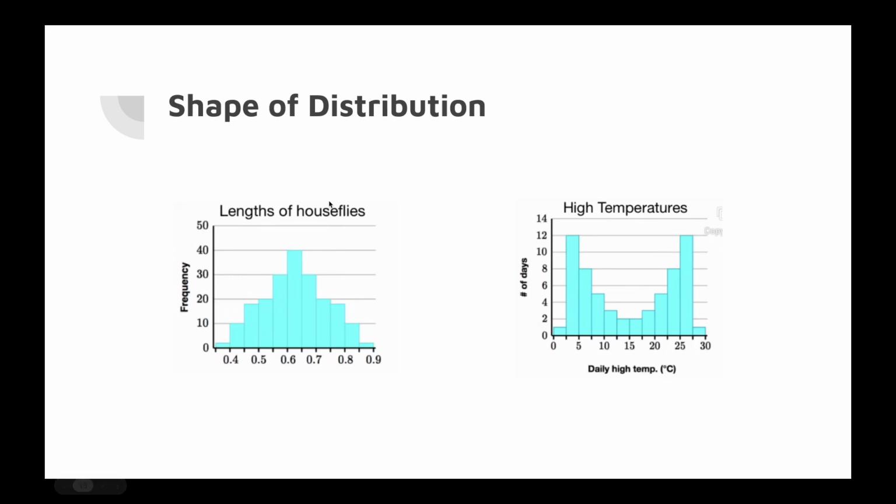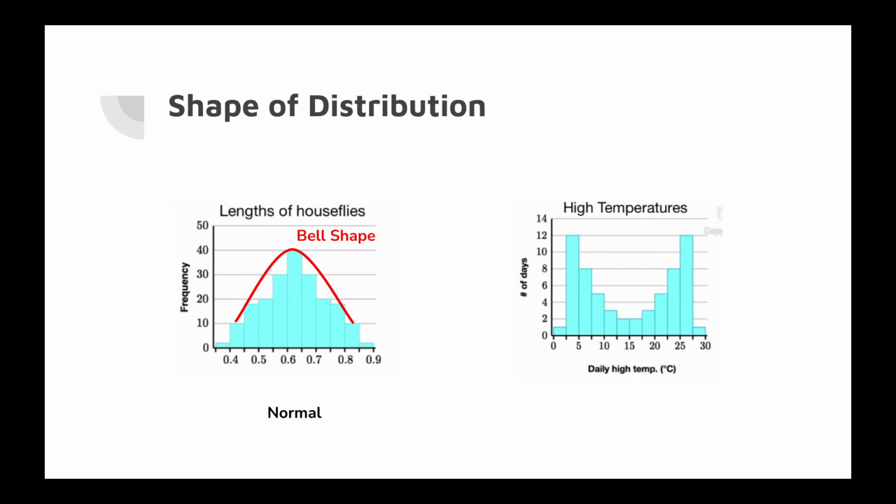Yeah, you can see most of the data are in the center, and as you go farther away from the center, the frequency of the data gets lower. Sometimes we call this a bell shape, since it looks like a bell. And in statistics, these kinds of distributions are called normal distribution.